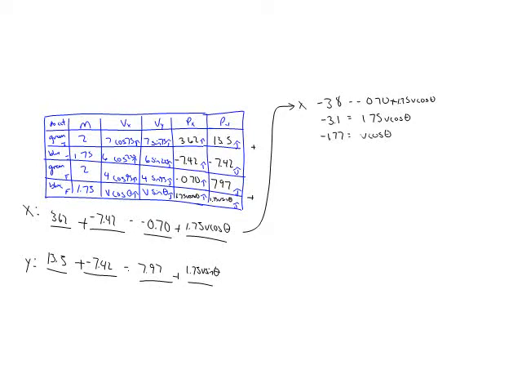So this is v cosine theta, which means this is now negative 1.77 i hat. That is the x component.